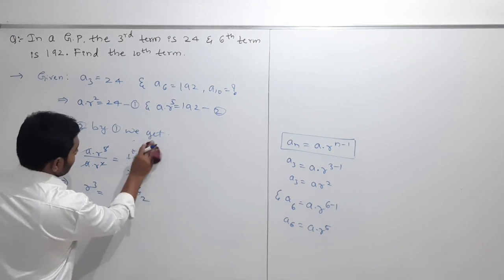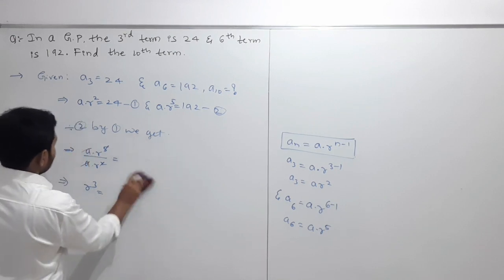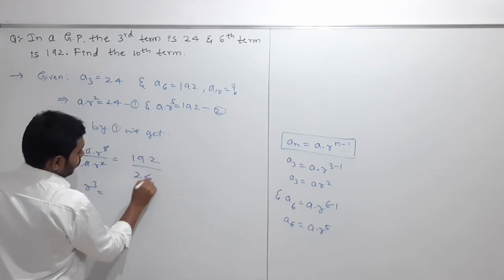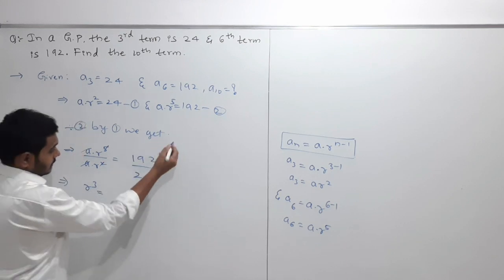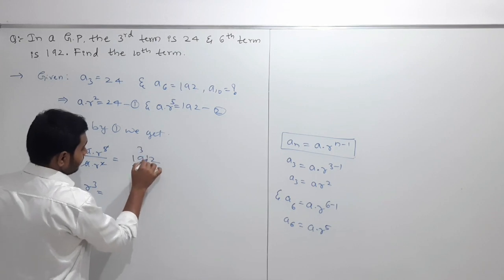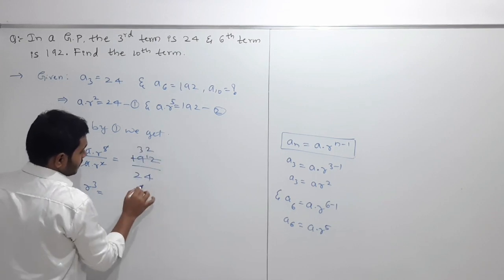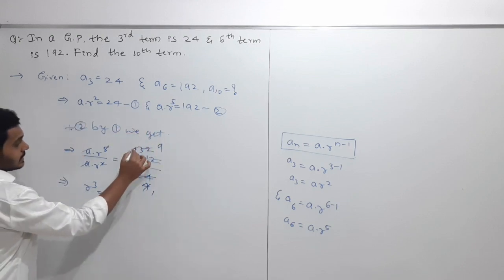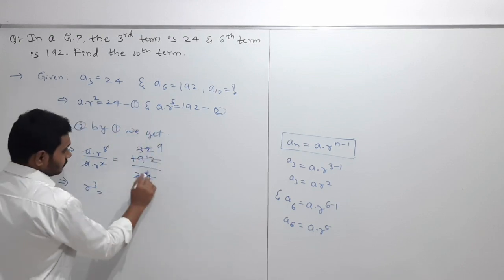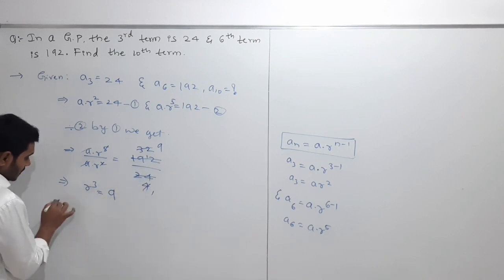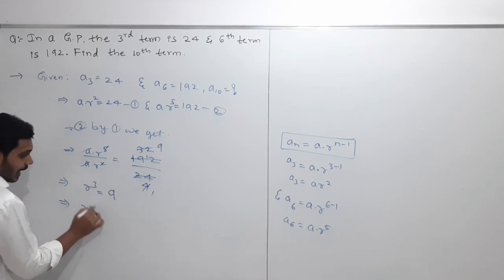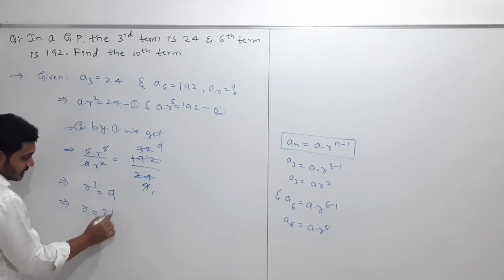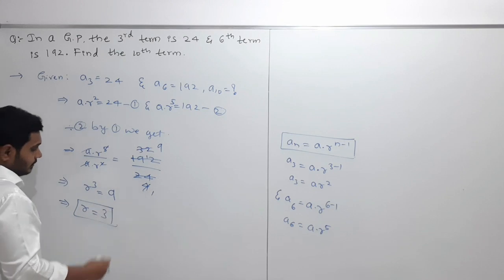So simplify further, I'll cancel again: 192 divided by 24. Simplifying step by step, we get 8, so r cube is equal to 8. So the r value, taking the cube root of 8, is r equals 2.